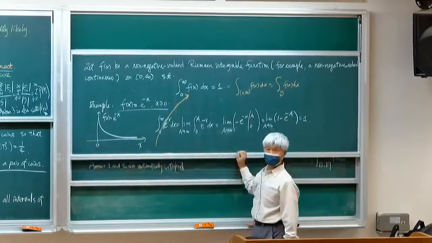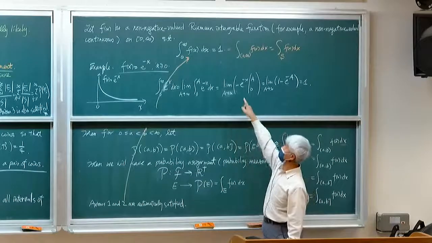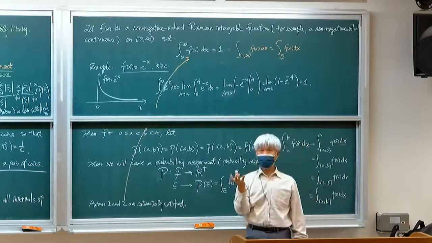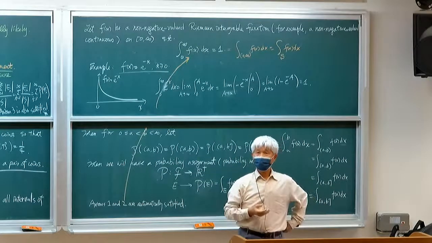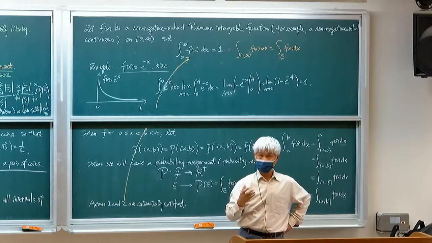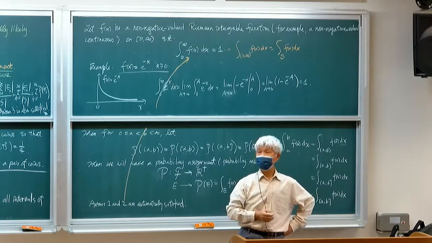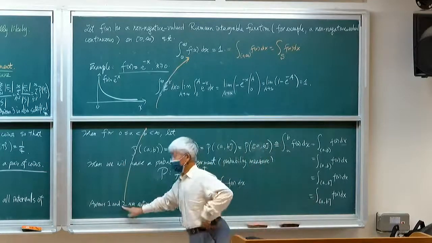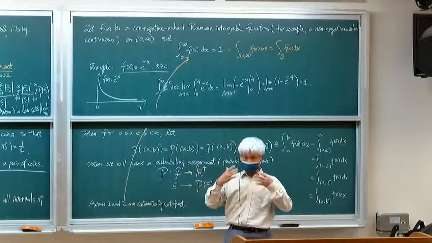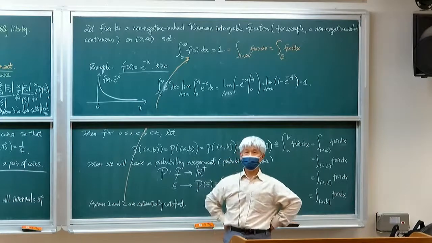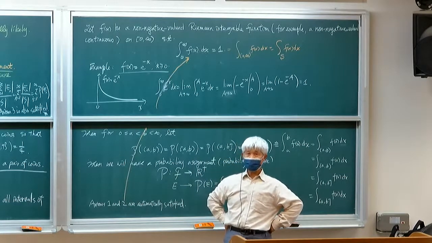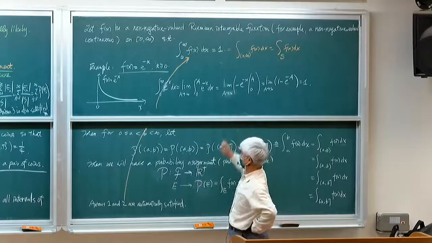Okay? So this is the reason why we select such a non-negative valued Riemann integrable function. Okay? Because we have axiom number 2 in our mind. So that's why we would like to select that.